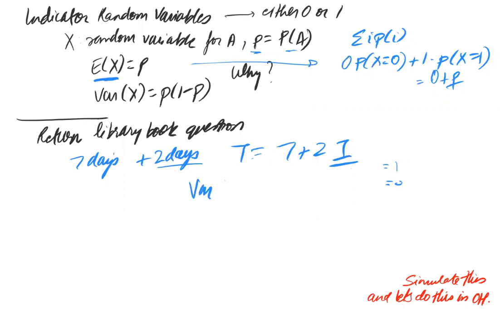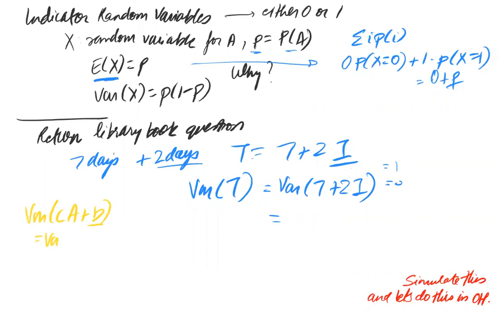Now when you write variance of T, you write variance of 7 plus 2I. So that's just 2 times. Oh, sorry, it's not 2 times. Let's look at the properties again. If it is variance of CA plus B, first of all, B doesn't impact.